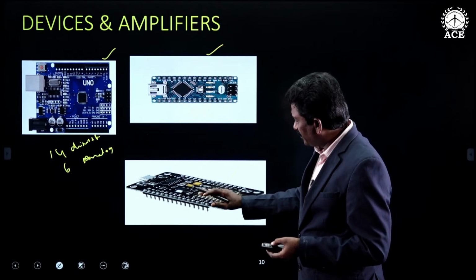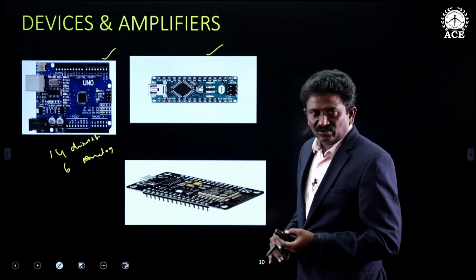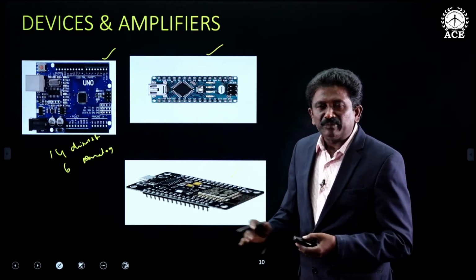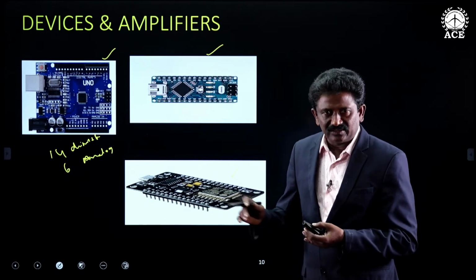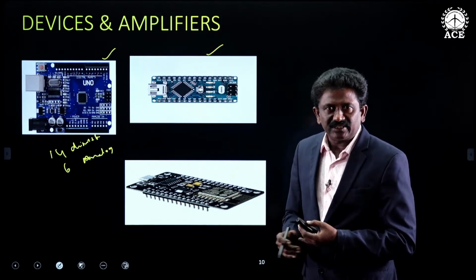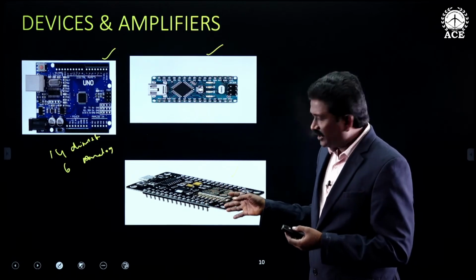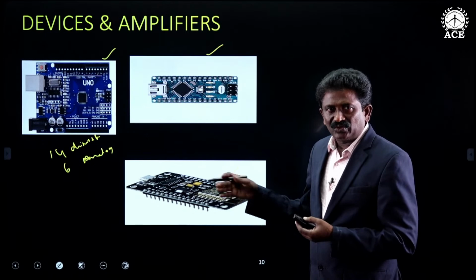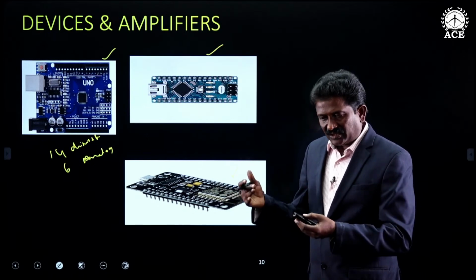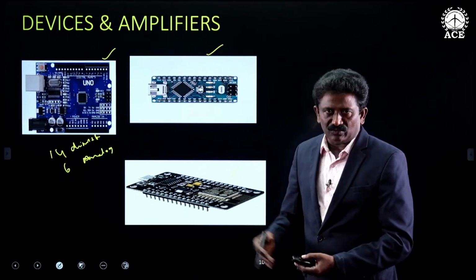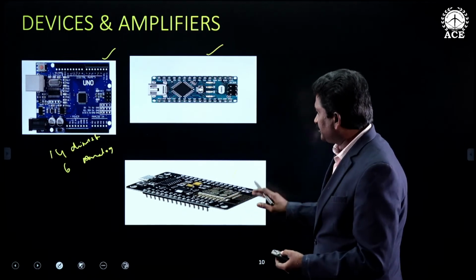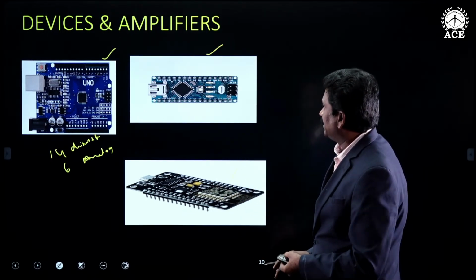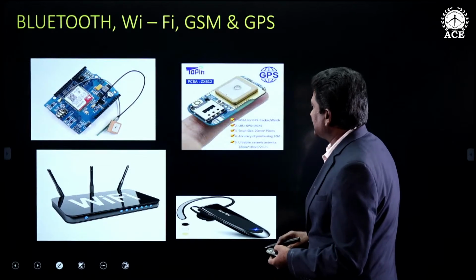Now using this type of Arduinos, you are able to communicate directly to the cloud. That means with the help of Wi-Fi and Bluetooth, you can send data from the system to the cloud. So these are the types of the devices and amplifiers.